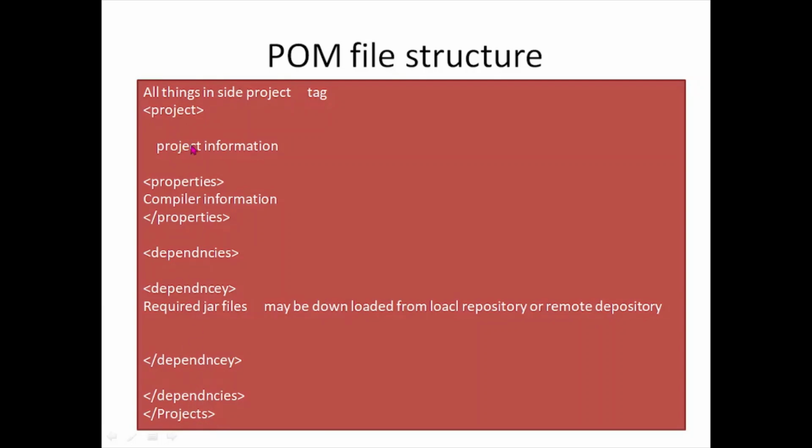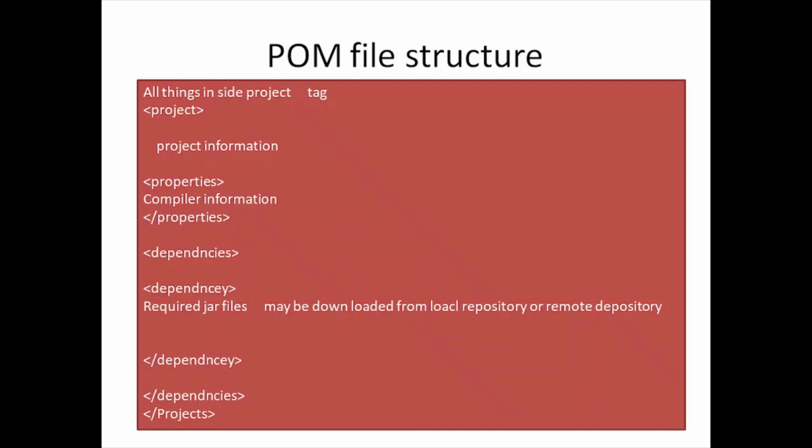Inside, all the information related to the project is kept. Here is the project information, JDK related information, project name and its group, and after that the properties tag, which has compiler information, and this compiler information gives you JVM related information.